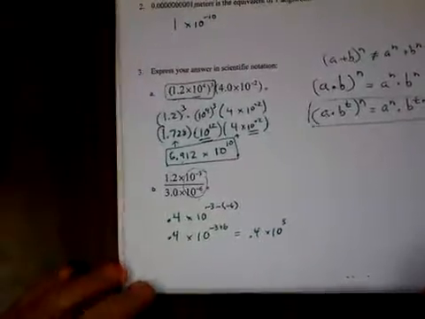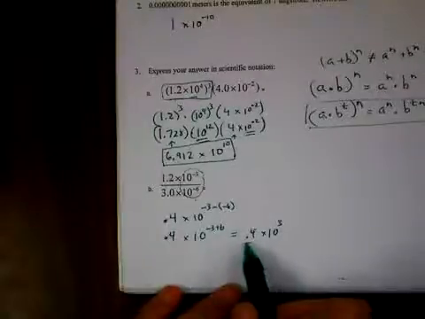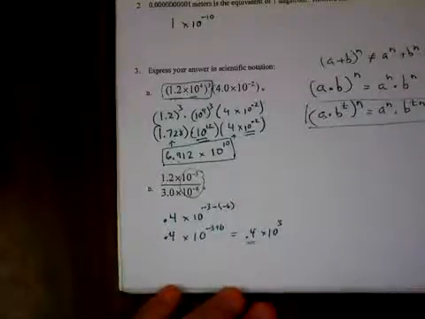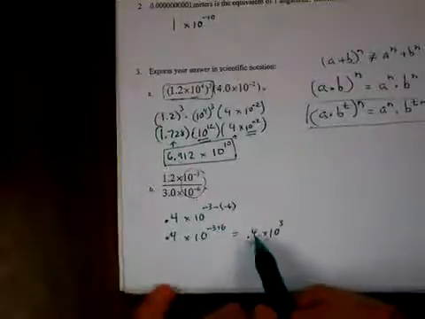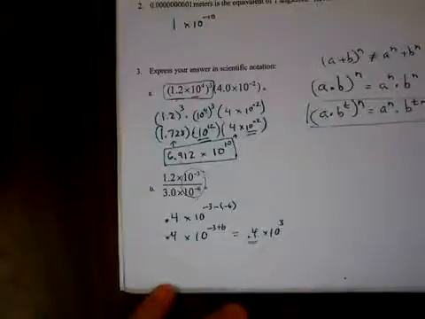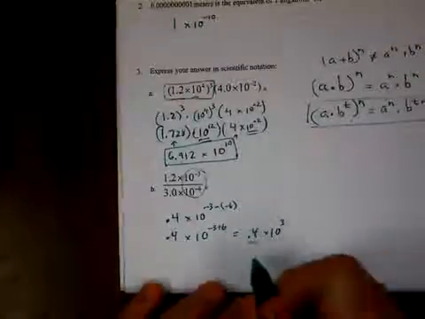Now technically, that is not in scientific notation because this number must be between 1 and 10. So if you think of a number there, I would have to move the decimal point to make this between 1 and 10. I just move it one decimal place to the right, which is essentially multiplying by 10.